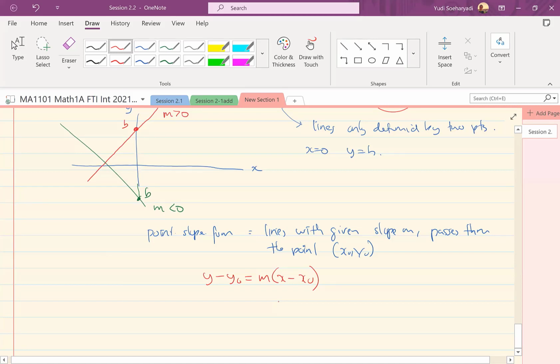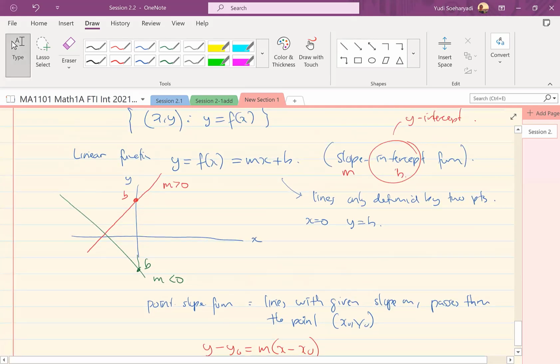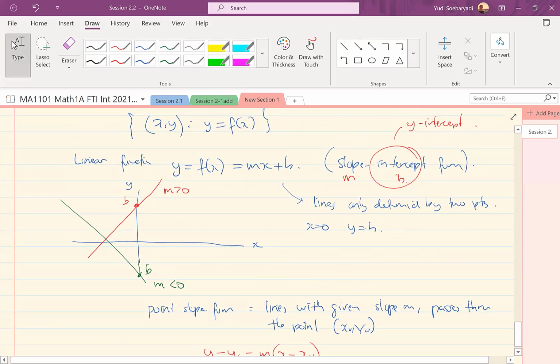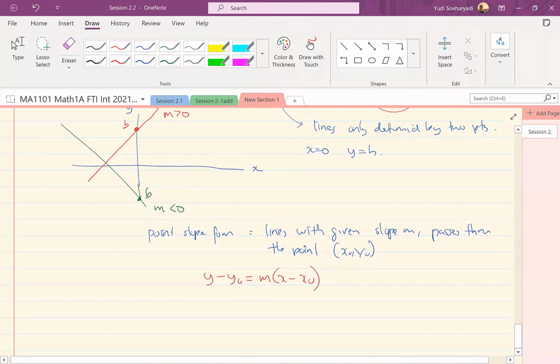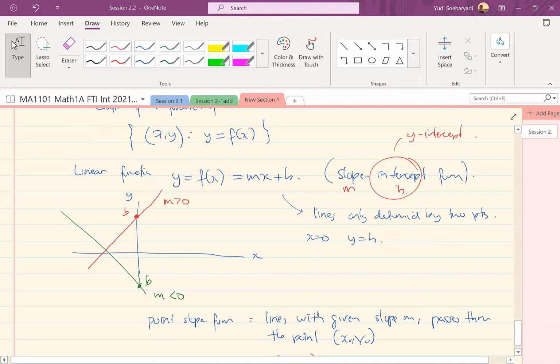Right? So the slope intercept is a special form of the point slope. In this case, the point should be 0, b.